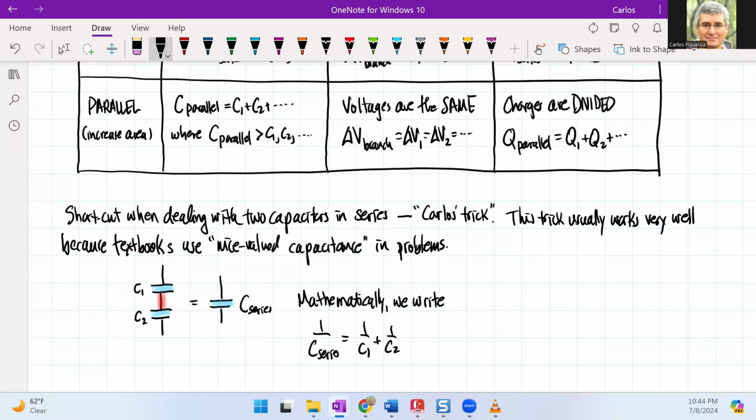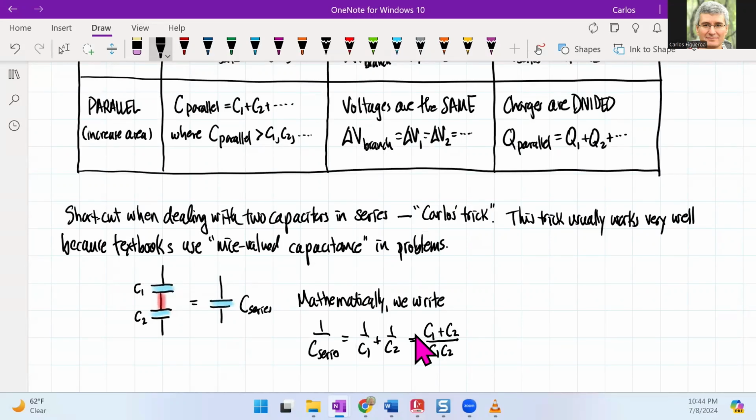It turns out that that's not a very good way to write it. If you do the algebra, this is what you're going to find: it's C1 plus C2 times the combination C1 times C2.